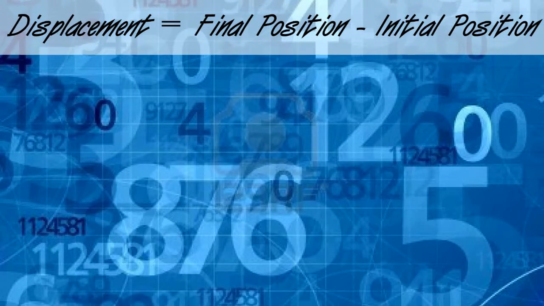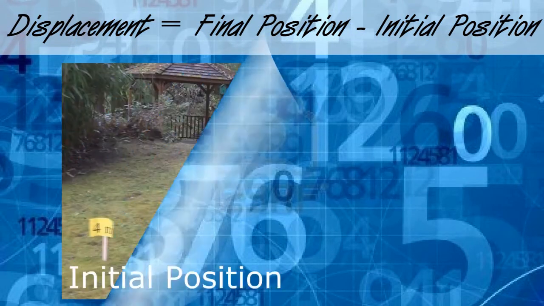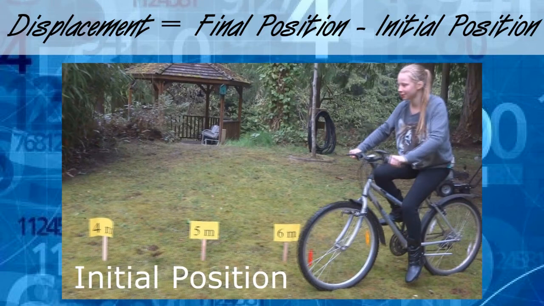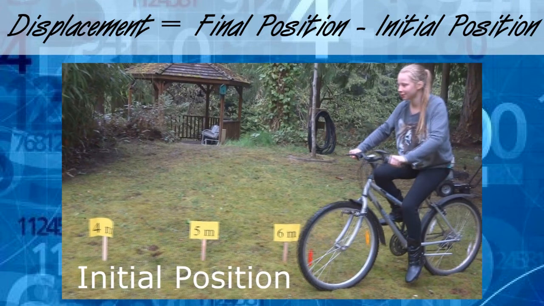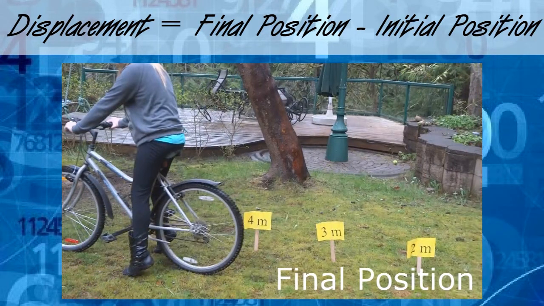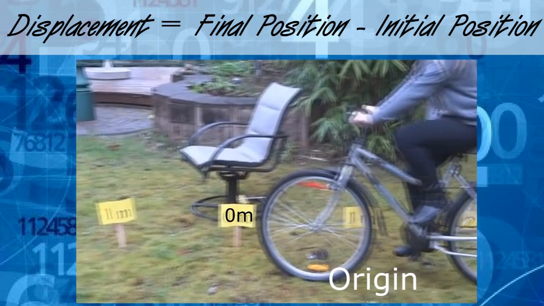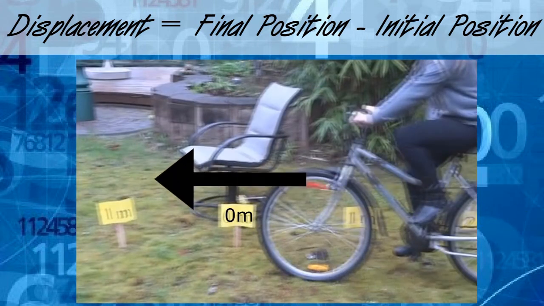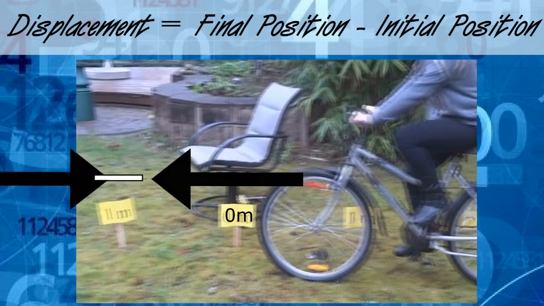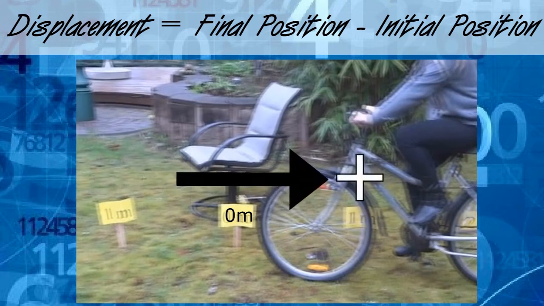To find displacement, as you already know, you need to subtract the initial position, the position the person or object started, from the final position, the last position the object was. The origin is the chair, which has a position of 0. Anything left of the chair will have a negative position, and anything right will have a positive position.